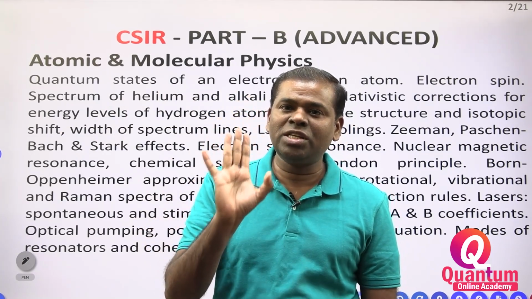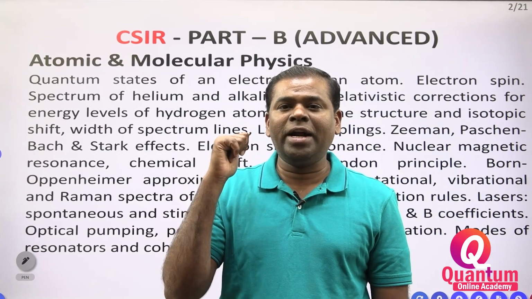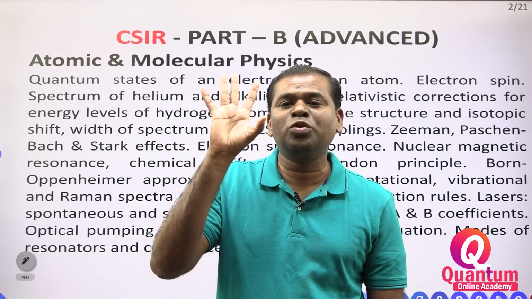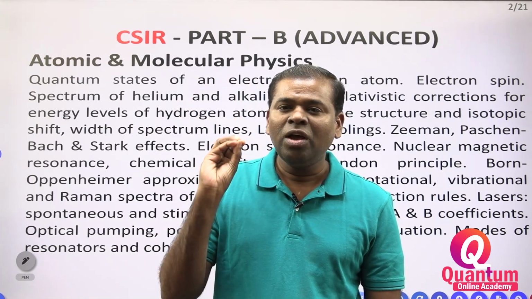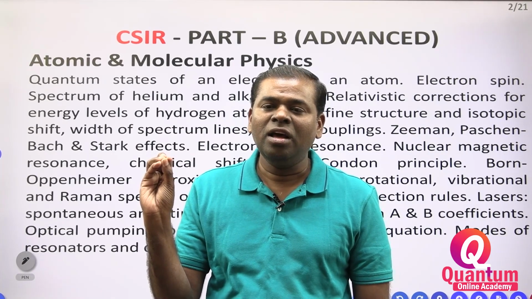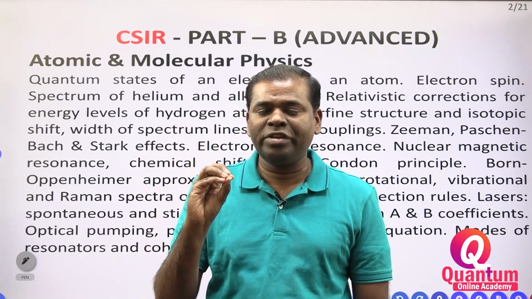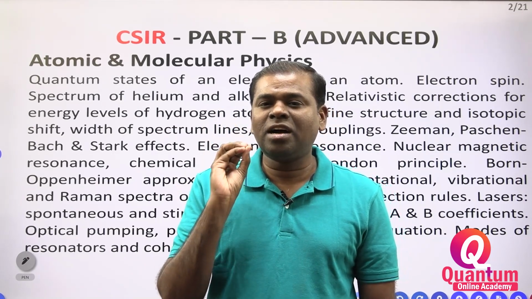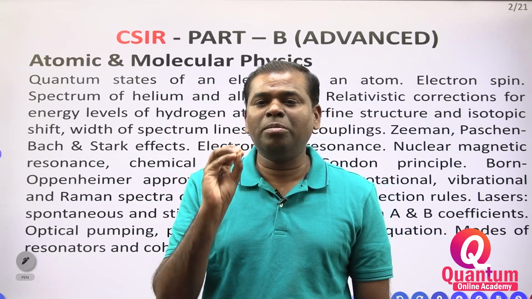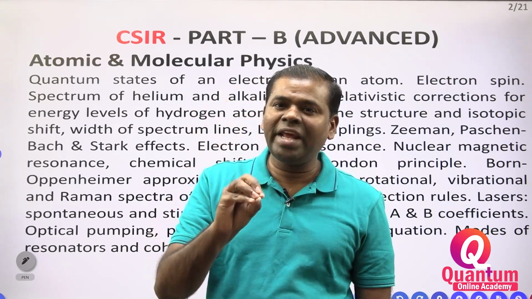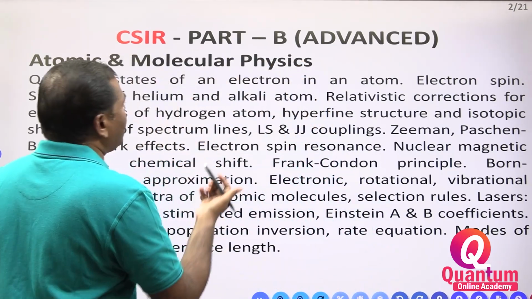Those are 5-mark questions only. What is the weightage in the CSIR examination from atomic and molecular physics? Only 15 marks weightage. Please concentrate. These 15 marks you can easily get. The concepts are very easy.